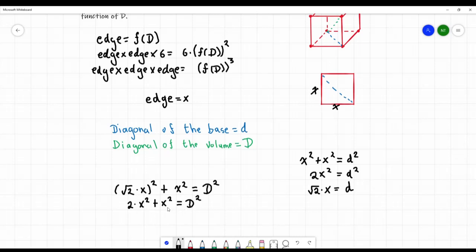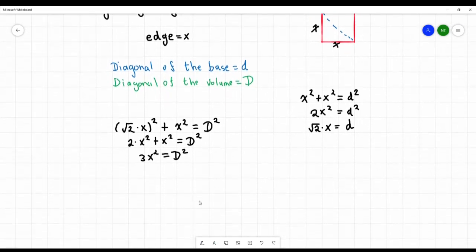Okay, so then this solves to 3x squared is equal to d squared, which then solves to, let me make a little bit more space. So we square root both sides. So we have square root of 3 times x is equal to d.